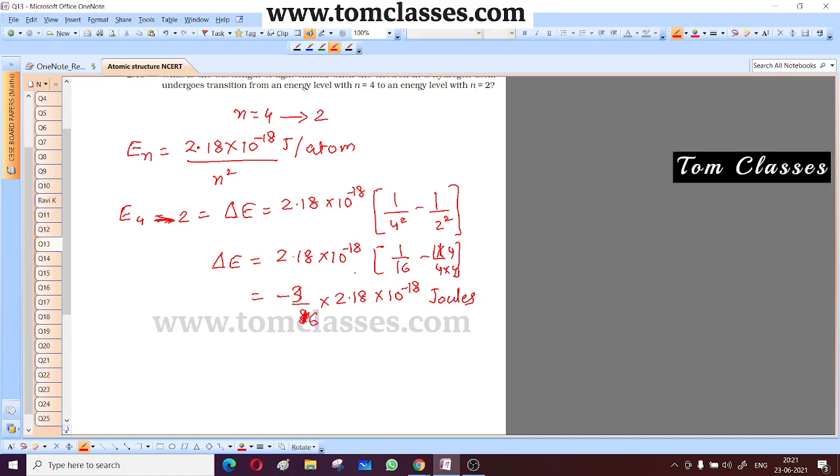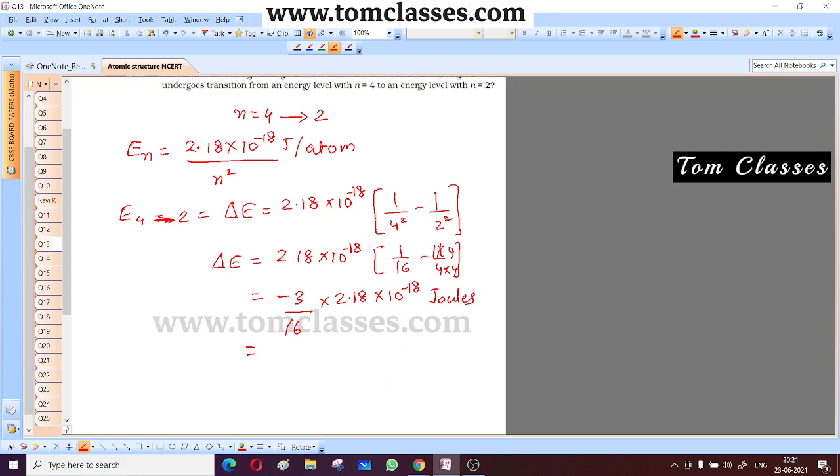Let me make this adjustment. So this is minus 3 by 16, right? So what is this value? Let me use my calculator. 3 into 2.18 divided by 16, so 0.408.